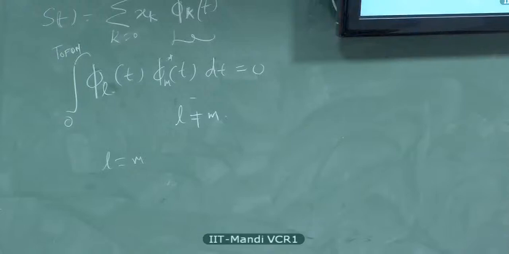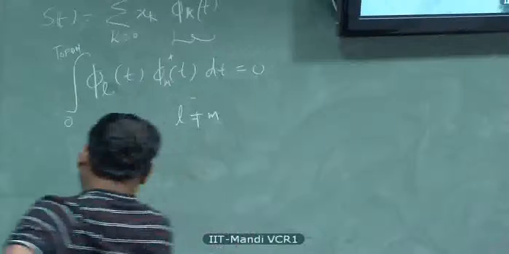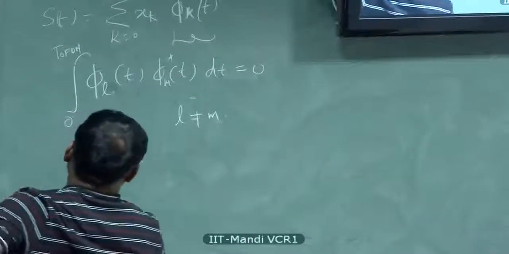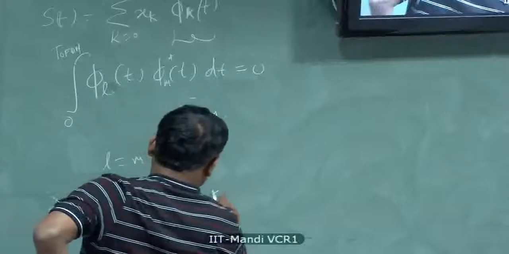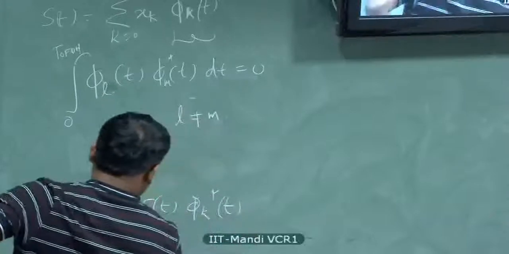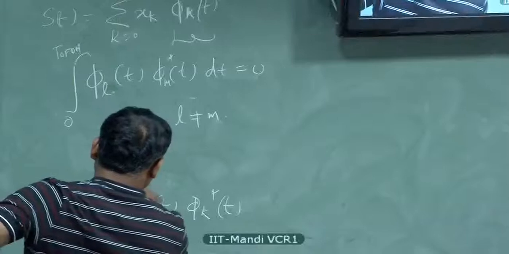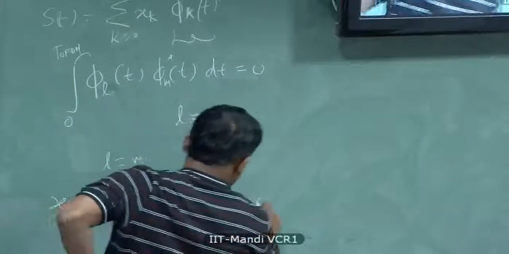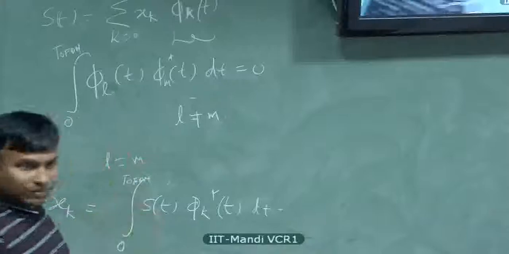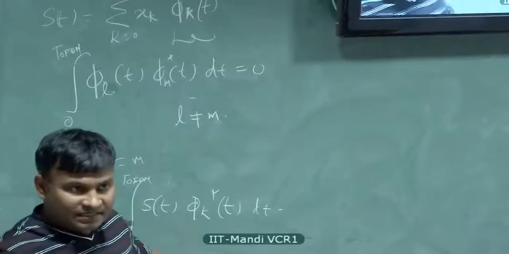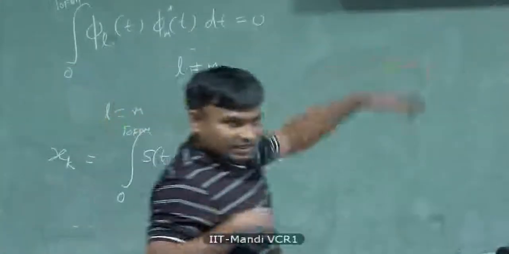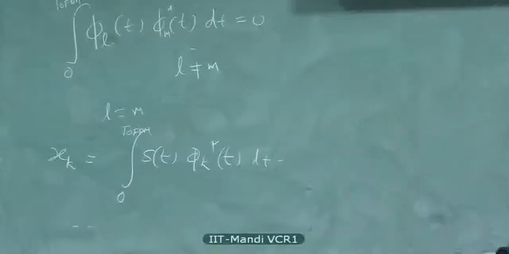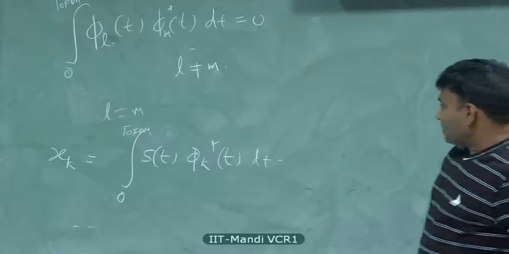If we have this property, you can quickly show that you can recover x of k. x of k is the integral of s of t times phi k star of t from 0 to T OFDM. Well, actually, people write it as minus infinity to plus infinity because you don't have to limit this to some time. But anyway, let's say T OFDM is the maximum interval over which they are different.